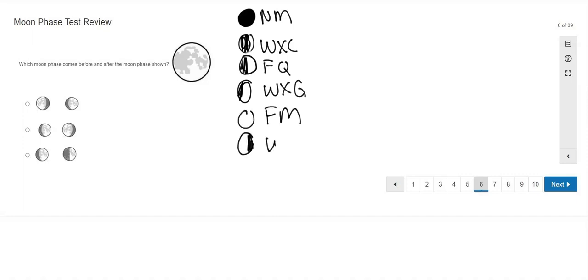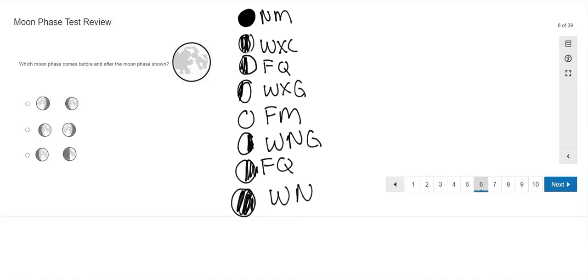Now it's going to start decreasing from the right hand side. Waning gibbous, third quarter, and then waning crescent.